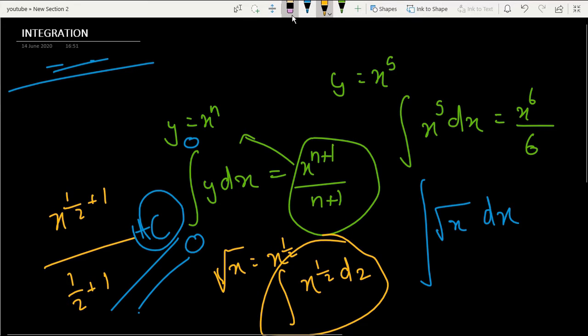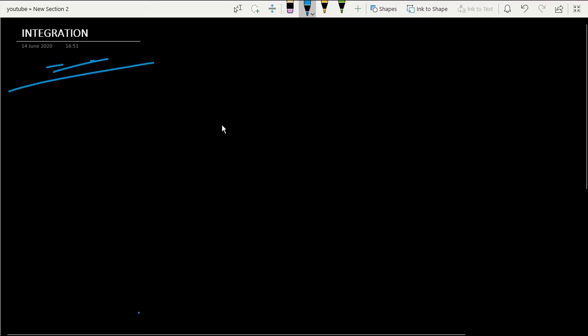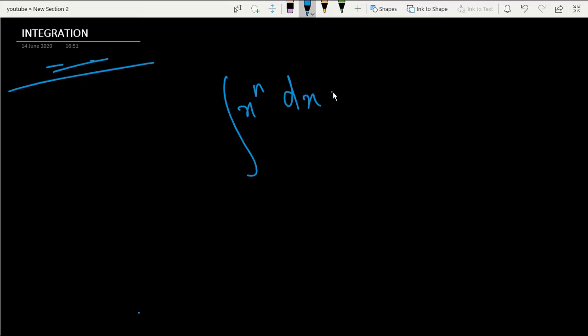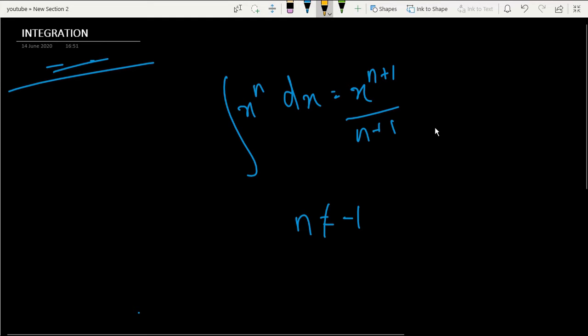Remember one thing. The integral of x raised to n dx is equal to x raised to n plus 1 by n plus 1. But in this, n cannot be equal to minus 1. I'll show you why. If n is equal to minus 1, then what will it become? x raised to minus 1 plus 1 by minus 1 plus 1.